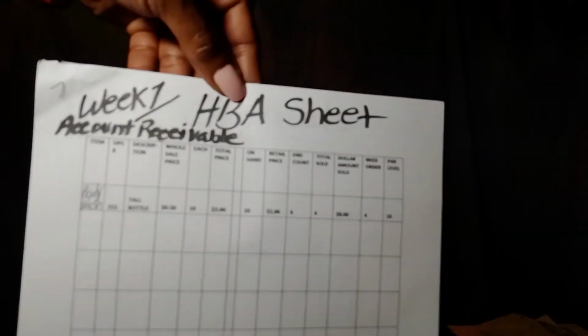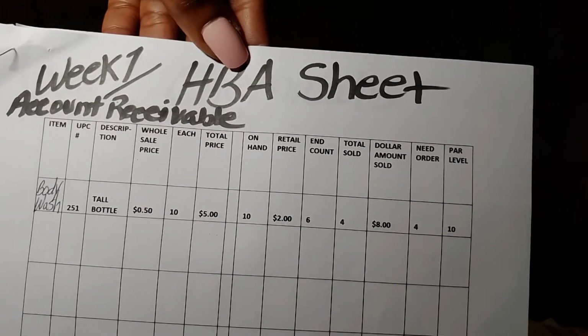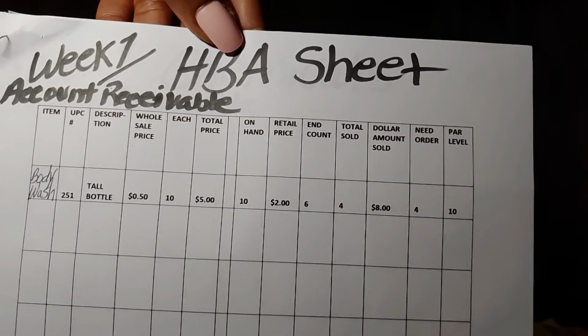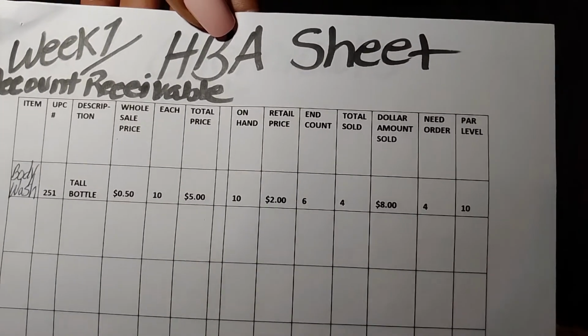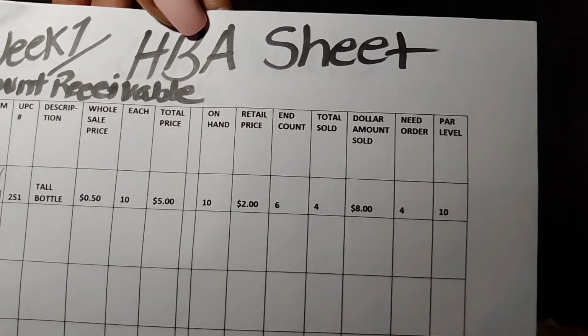Okay? Then you remember we ordered body wash. And your body wash sheet should say HBA sheet, because remember, it's health, beauty, and accessories. So that's how your body wash sheet looks, and it says items. I wrote in body wash. UPC number is 251. And then the description, you got tall bottles.